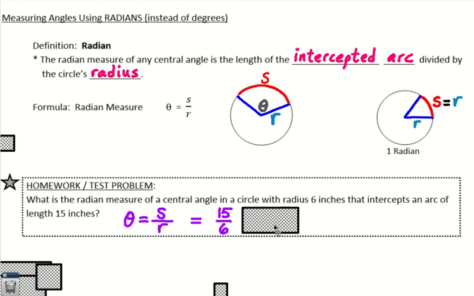And 15 over 6, can we do anything with 15 over 6? 15 inches over 6 inches, that reduces, and you should always reduce or simplify fractions if you can. So the final answer is 5/2 radians, of course.